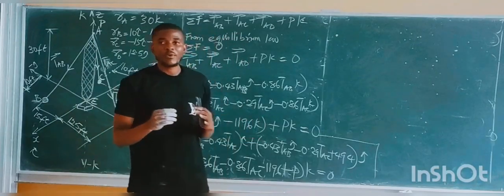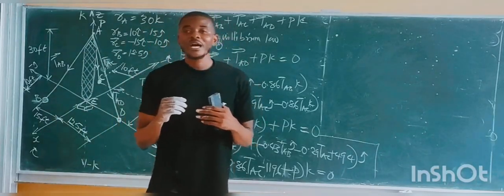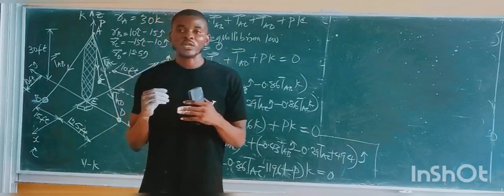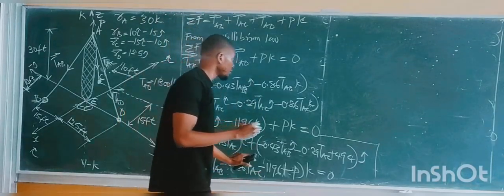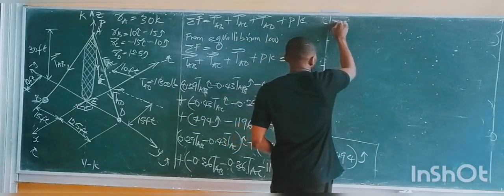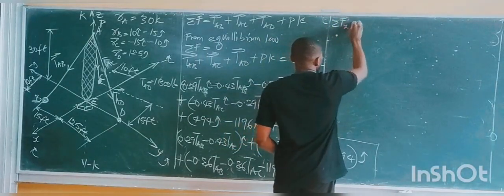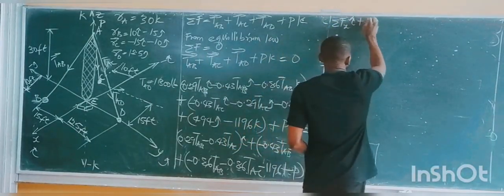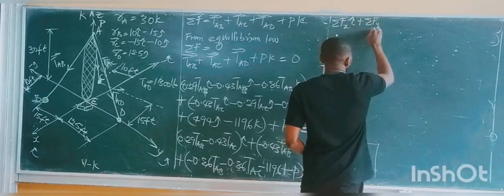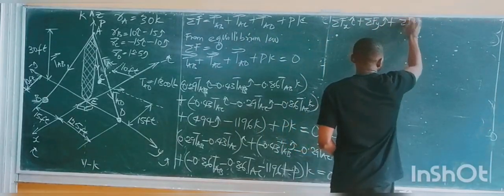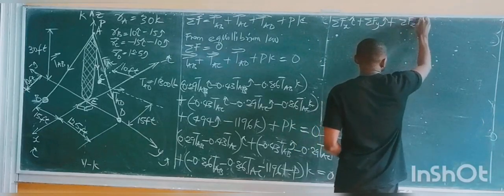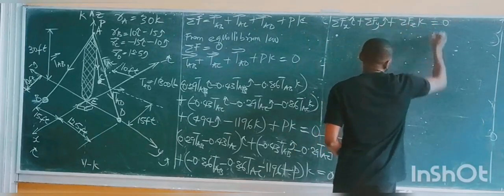When we get to this point, we have to employ another form of the equilibrium equation, because this equation now looks like saying the summation of force in the x-axis, summation Fx i, plus summation of force in the y-axis, summation Fy j, plus summation of force in the z-axis, summation Fz k, being equal to 0.